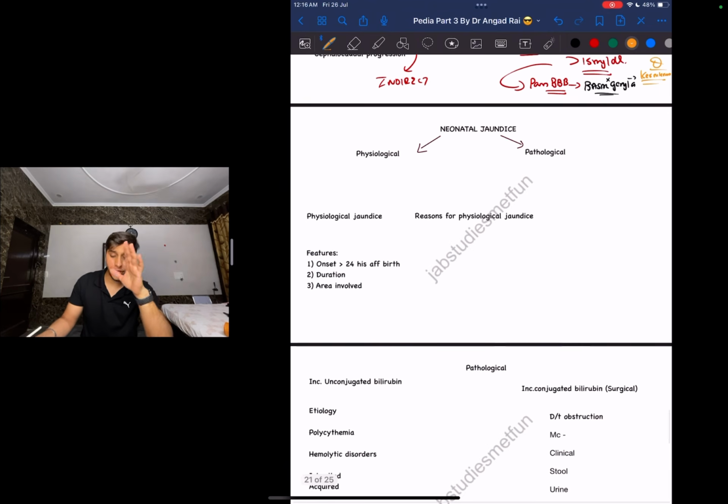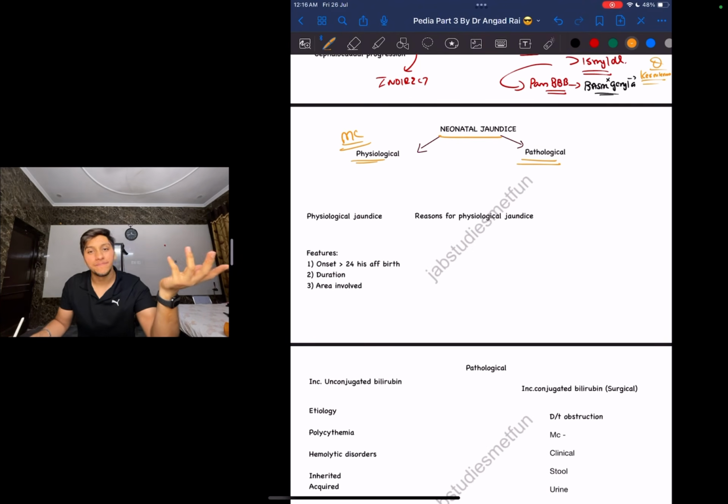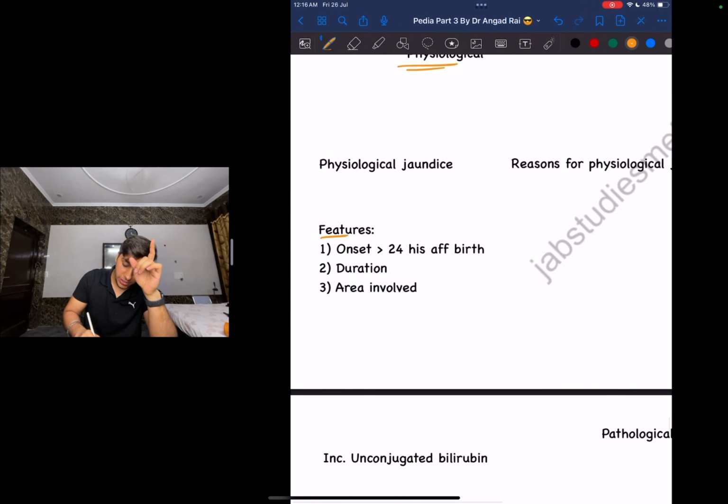Now let's talk about neonatal jaundice. Neonatal jaundice, guys, can be of two types. One is physiological, which is the most common, and one is pathological. Now, what are the causes of physiological jaundice? How do you first say what is physiological jaundice? Physiological jaundice is when the onset is after 24 hours, not within.